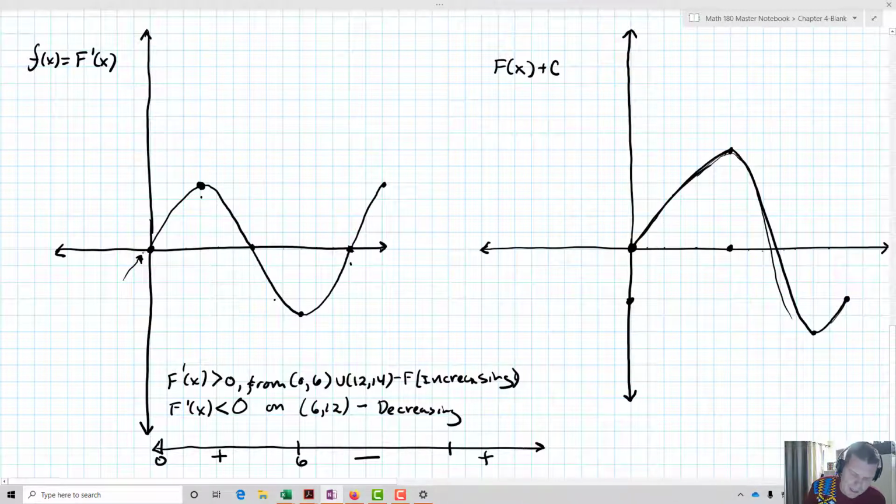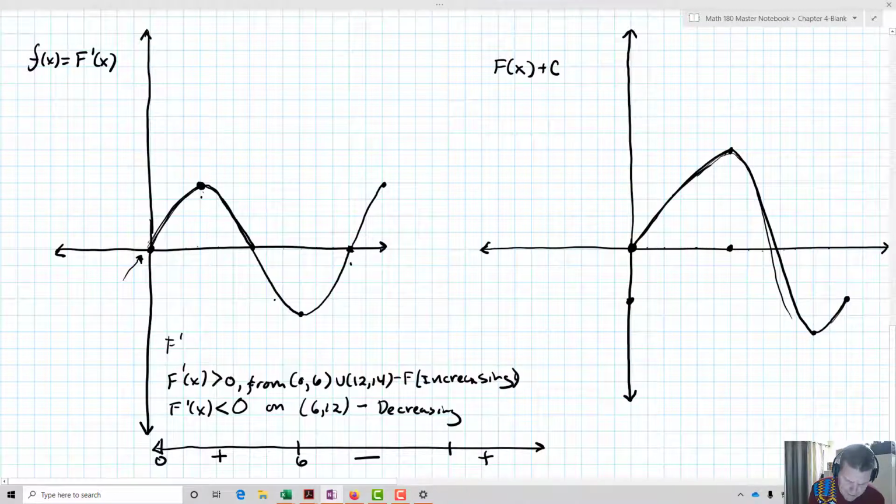Now, let's take a look here and see that on the derivative graph, the derivative has a max at 3.